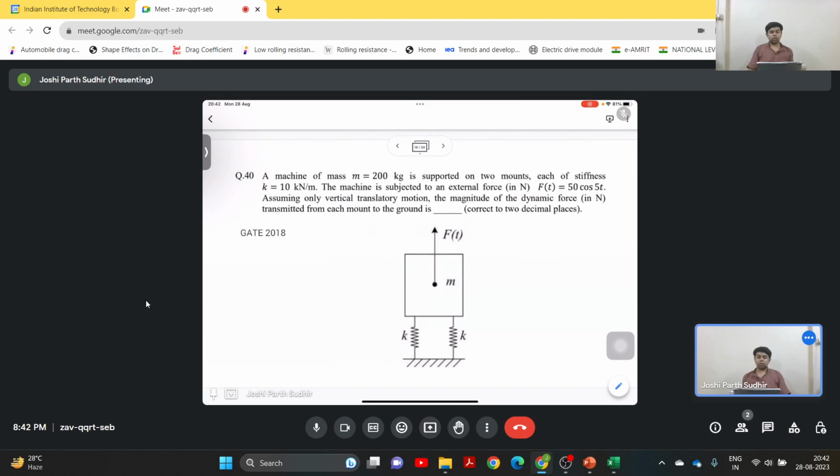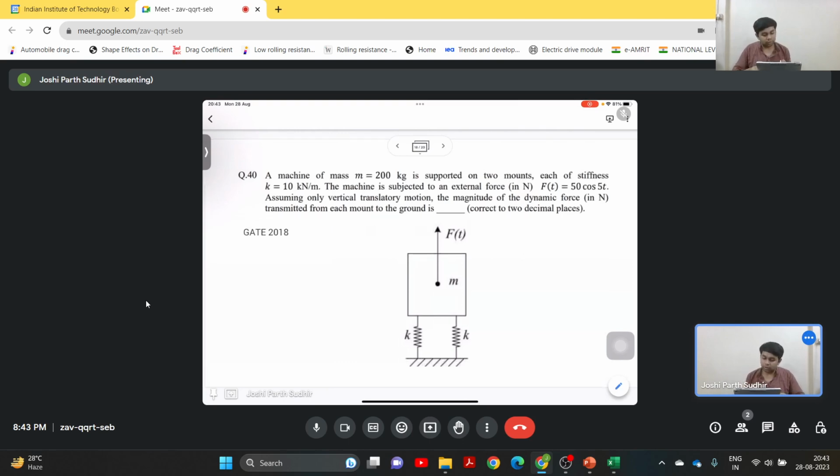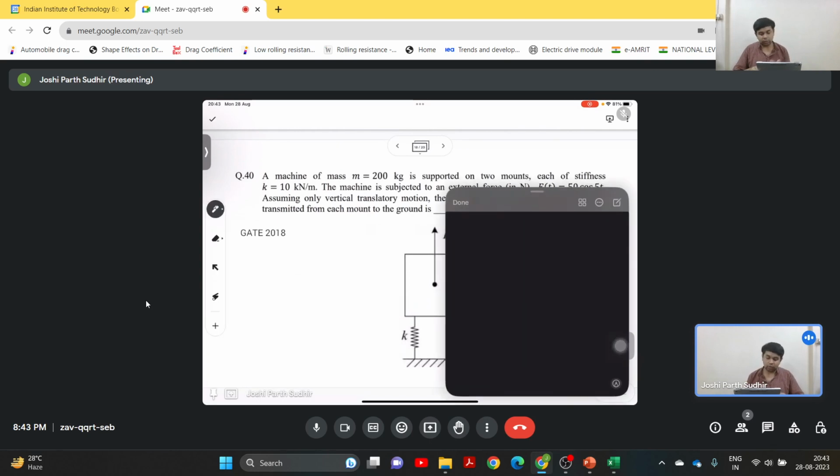So let us look at this question. A machine of mass 200 kg is supported on two mounts, each of stiffness K equal to 10 kilonewtons per meter. The machine is subjected to an external force F of t equal to 50 cos 5t. We are assuming that only vertical translatory motion is being done.